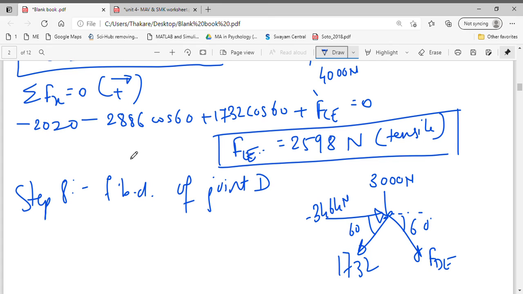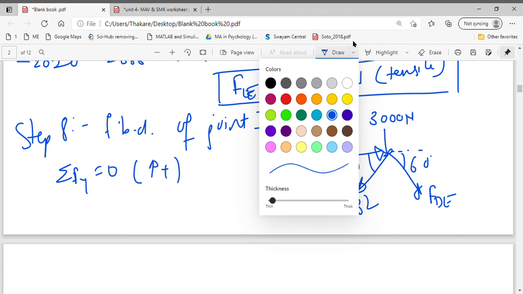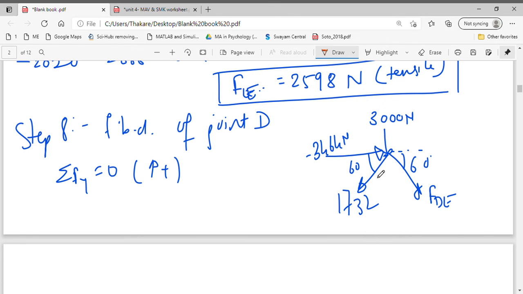Now we have conditions of equilibrium, taking summation of forces in X and summation of forces in Y. If I take summation of forces in vertical direction to be 0, considering upward acting forces to be positive, I will first resolve these forces. 1732 vertical component will be 1732 sine 60, and FDE vertical component will be FDE sine 60.